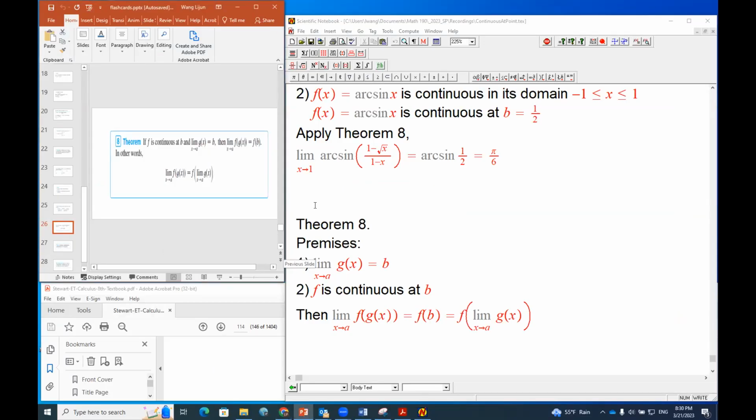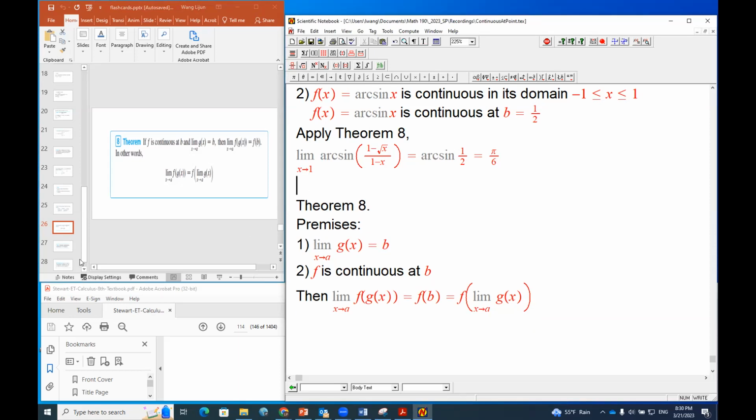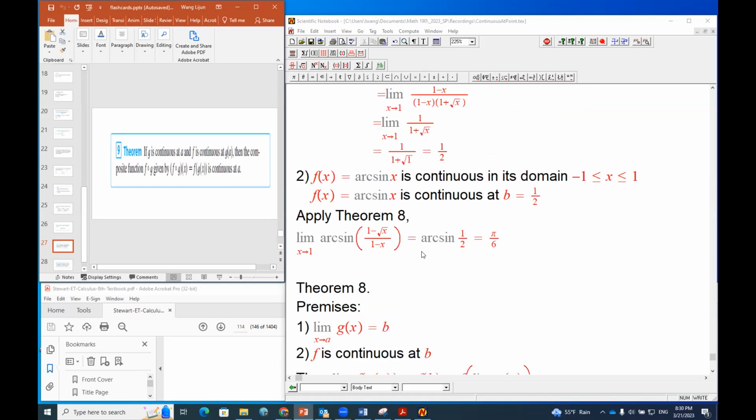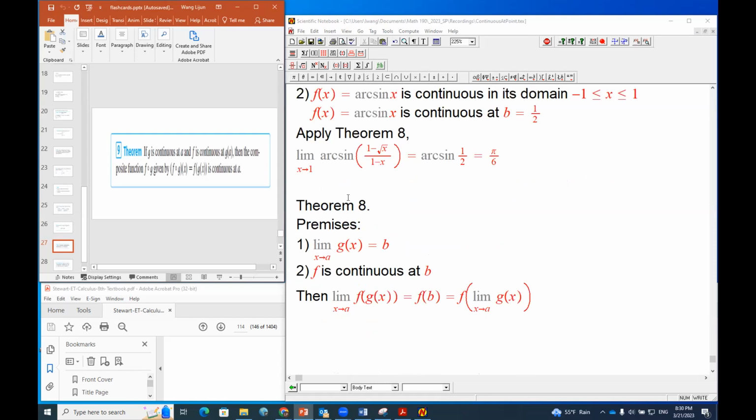So that's theorem number 8. You can see it's rather useful for composite functions. And theorem number 9 is basically if f and g are both continuous. g is continuous at a, f is continuous at g of a, so it has an even stronger condition than theorem number 8.